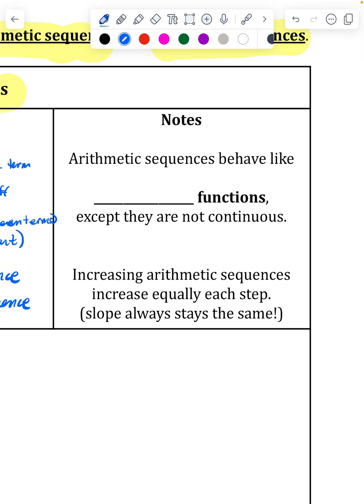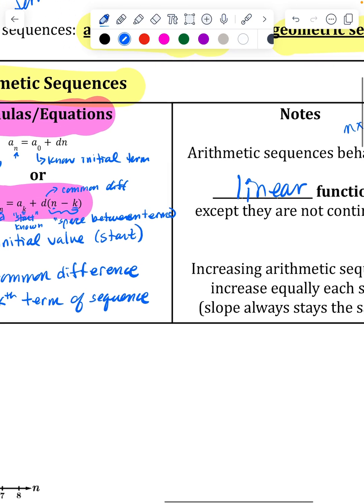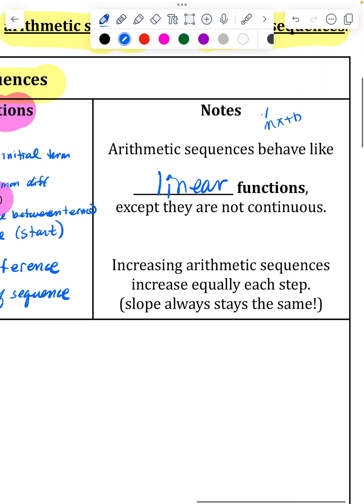Arithmetic sequences behave like linear functions. That's a key thing to look at, because then you can visualize it. We use mx plus b, and that's vaguely familiar to this a sub 0 plus dn. The d would be similar to our common difference because that's the rate of change. They behave linearly, but they wouldn't be continuous.